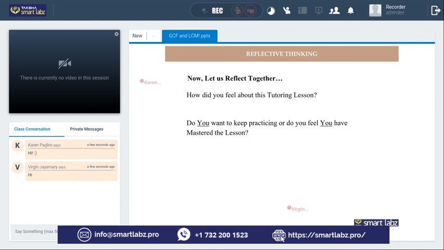I understood what is greatest common factor and least common multiple, but I'm struggling a bit in multiplication. Okay. But you helped me a lot. Thank you for that. Okay, great. So if I ask you really quick, what is greatest common factor to you?